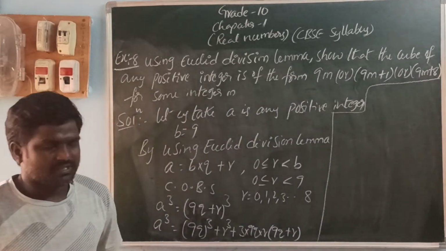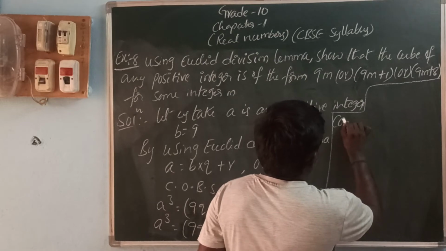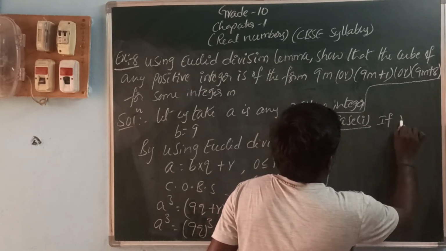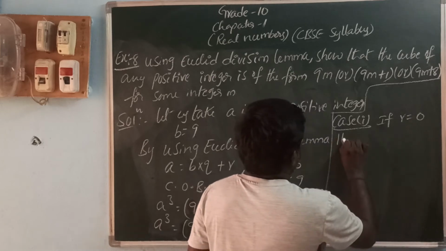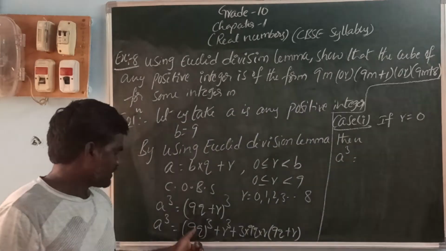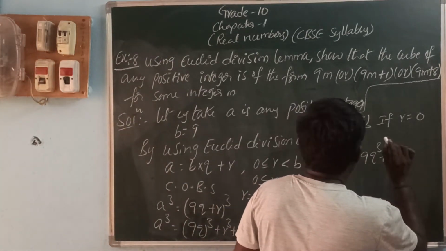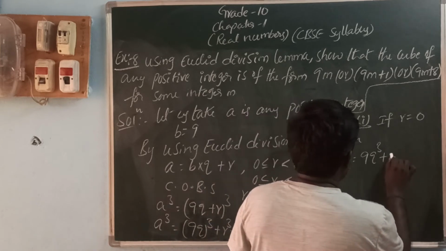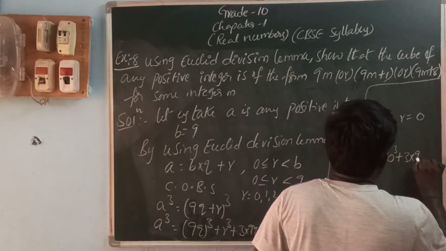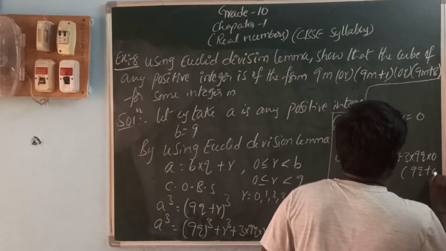Case 1: if r is equal to 0, then a cube is 9 cube whole cube plus 0 cube plus 3 into 9 cube into 0 of 9 cube plus 0.